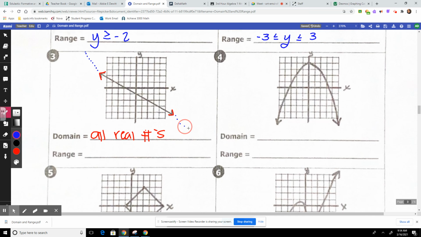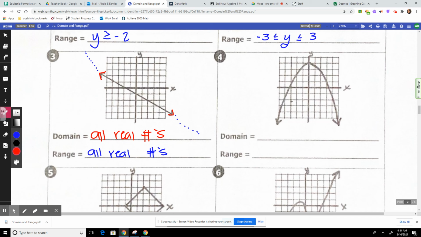This line is going to continue going down to cover all my y values going down. So my range is also all real numbers. If you got a piece of paper and covered it up, going up and down, left and right, you'll see that you will never be able to line that paper up to an ending point of this line in either direction, up, down, left, or right.